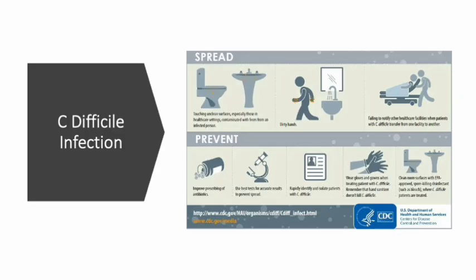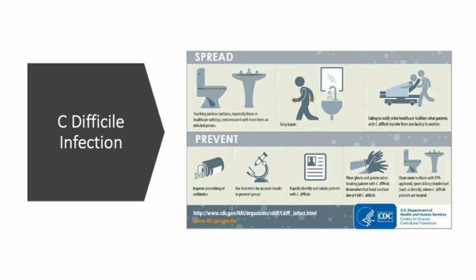So I will talk in short about Clostridium difficile infection, which is caused by the spores of this gram-positive bacteria, Clostridium difficile. The most important ICU interventions are hand washing, not with alcohol, but with soap and water, as the removal of the spores of this organism requires scrubbing with soap and water.